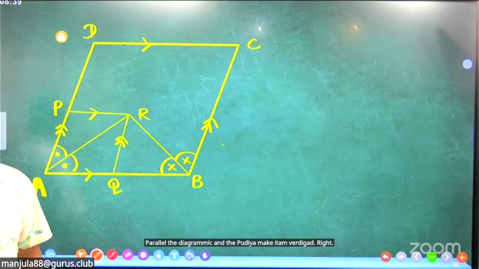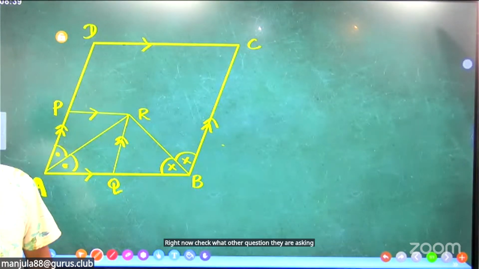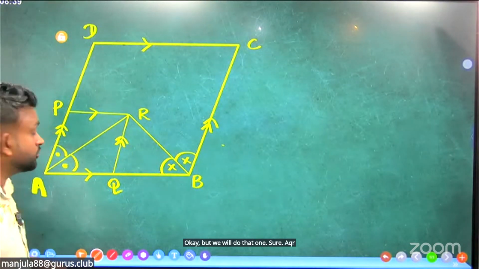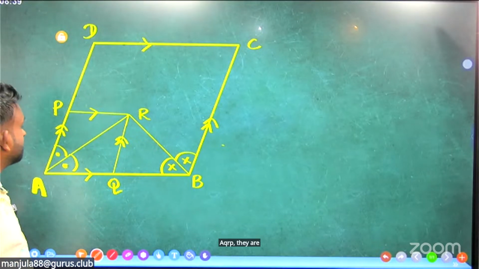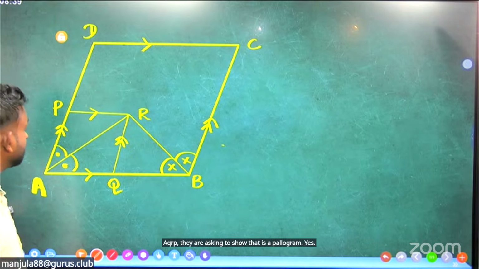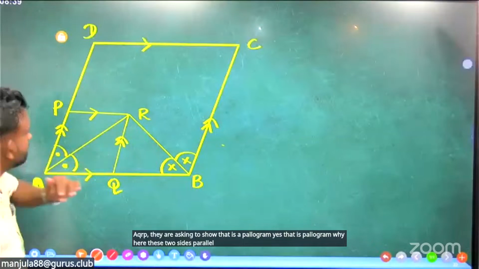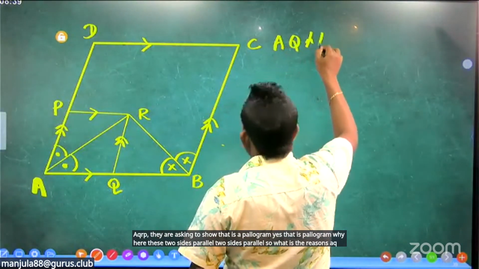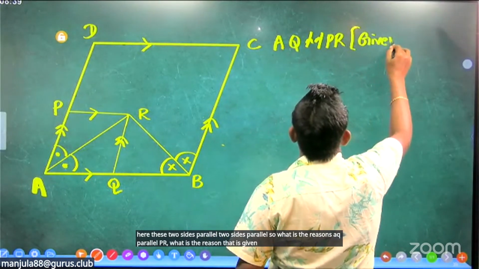Right. Now check what questions they are asking. First, AQRP is a parallelogram; they are asking to show that it is a parallelogram. Yes, that is a parallelogram. Why? Here these two sides are parallel, and these two sides are parallel. So what are the reasons? AQ parallel to PR, that is given in the question.